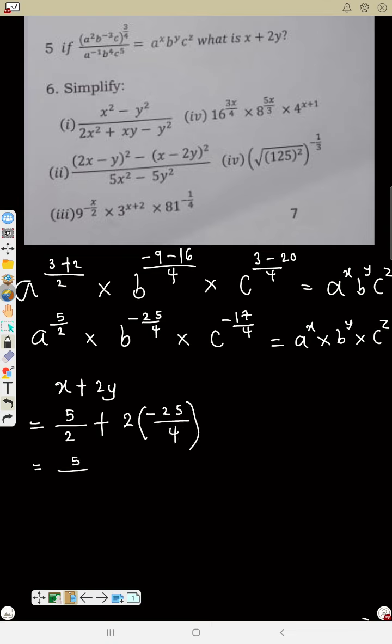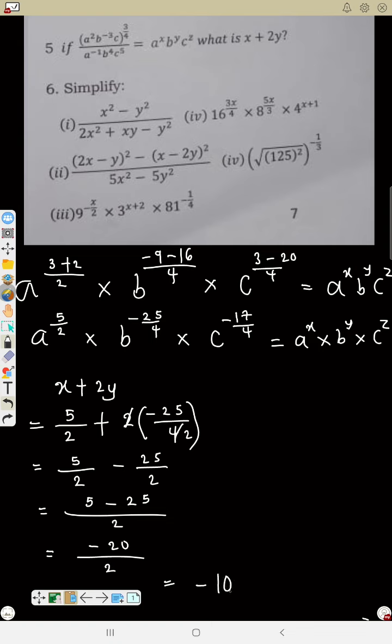Now this is 5 over 2. So 2 here 1, 2 here 2, so minus 25 over 2. LCM is 2. So this is 5 minus 25, so this is minus 20. So minus 20 divided by 2, that is minus 10. So that means the answer to this number 5 is minus 10.